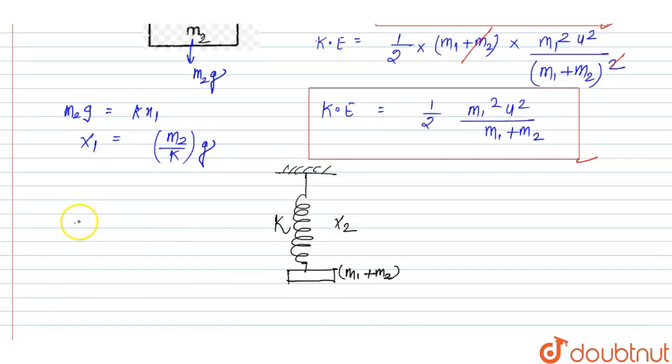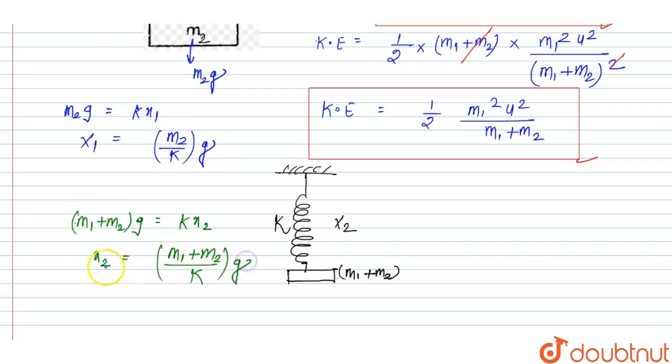Then for equilibrium, m1 plus m2 into g is equal to k into x2, that means x2 is equal to m1 plus m2 upon k into g. This is the extension when the mass m1 sticks to it, and definitely x2 is greater than x1.